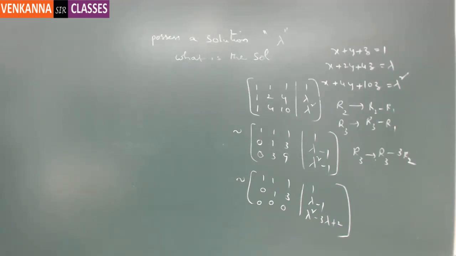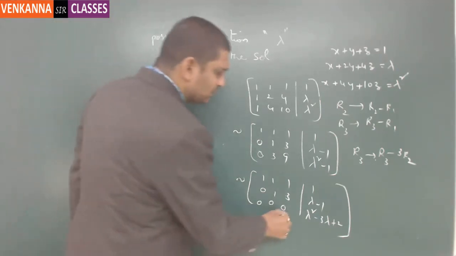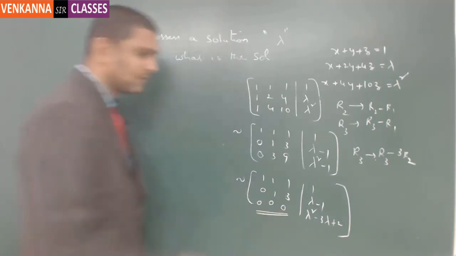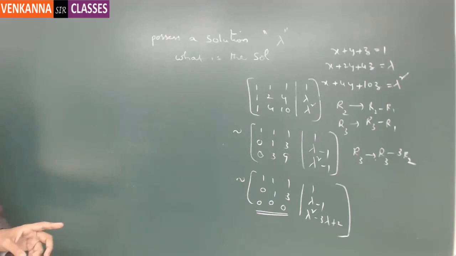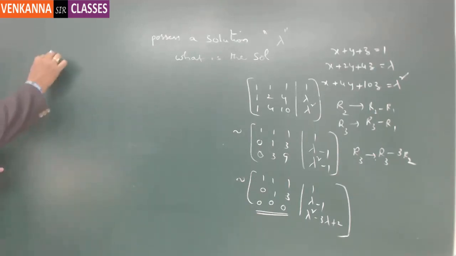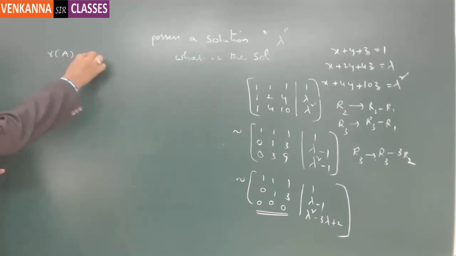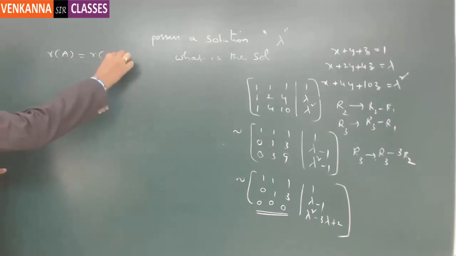Now, since we need to determine the values of lambda so that the given system will possess a solution, and the last row has become 0 completely, in order to have a solution for the system, we should have rank of A equal to rank of A|B.